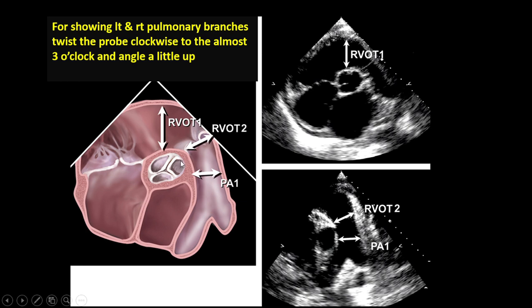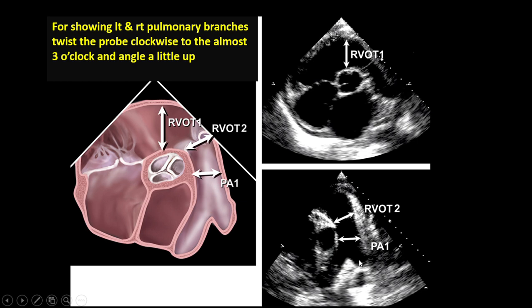For RVOT 2, we measure at the level of the pulmonary valve, and for the pulmonary artery, 1 or 2 centimeters beyond the pulmonary valve, at a spot that is very clear and has a clear border.